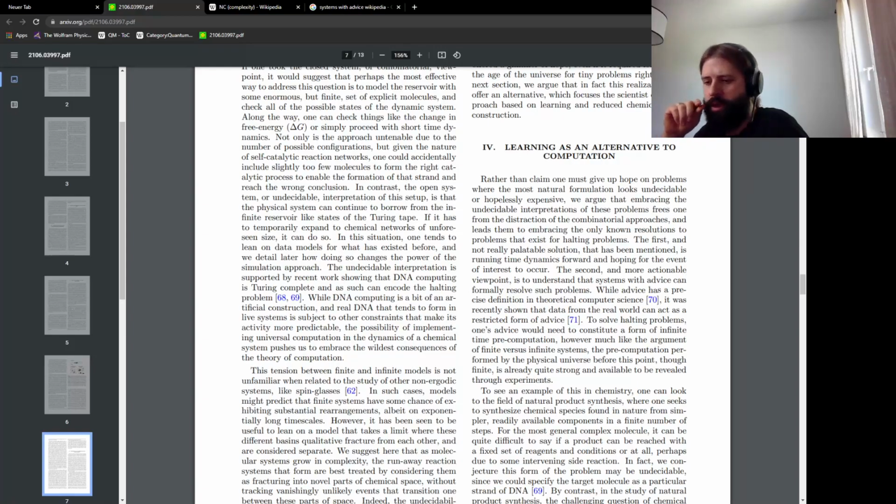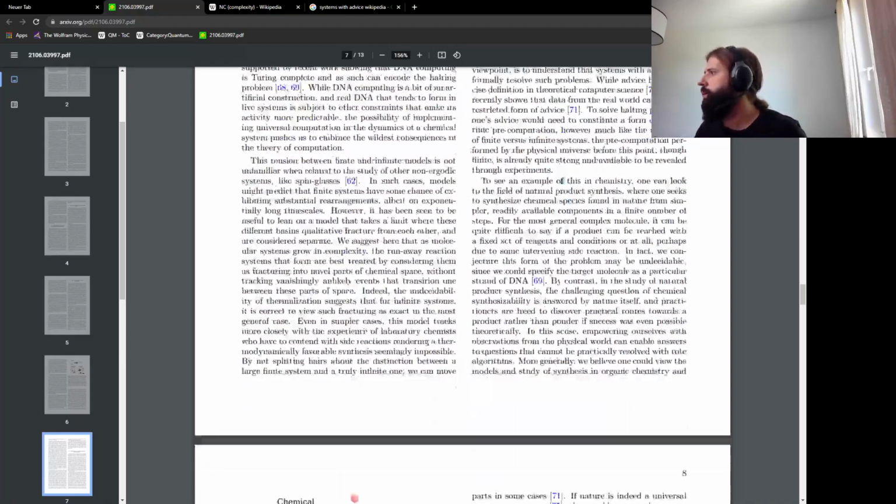To solve halting problems, one's advice would need to constitute a form of infinite time pre-computation. However, much like the argument of finite versus infinite systems, the pre-computation performed by the physical universe before this point, though finite, is already quite strong and available to be revealed through experiments.